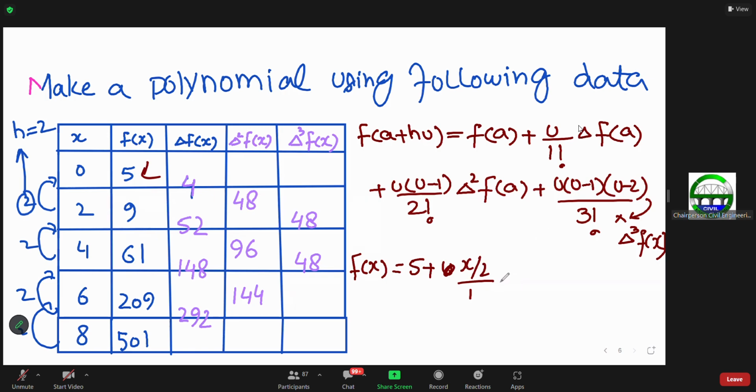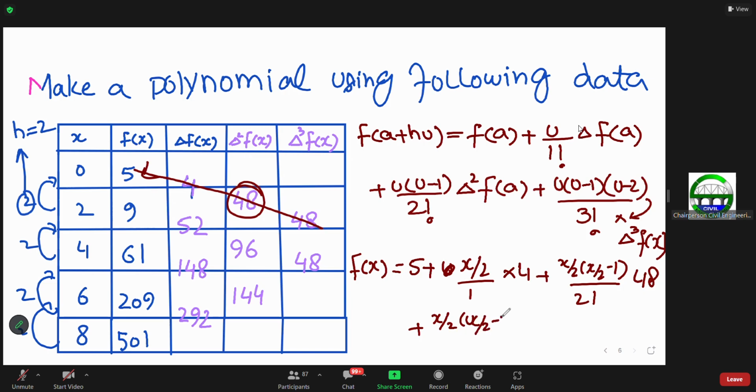Del f of a is equal to 4, so it will be 4, plus x by 2 into x by 2 minus 1 divided by 2 factorial multiplied by del square, which is 48, plus x by 2 into x by 2 minus 1 into x by 2 minus 2 divided by 3 factorial, which is 6, into 48, right?